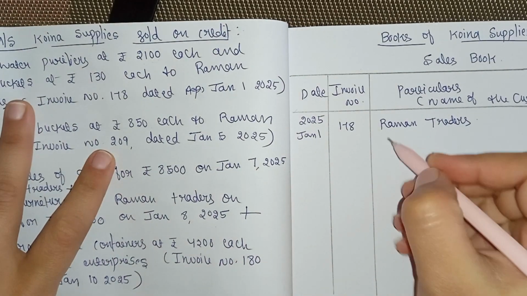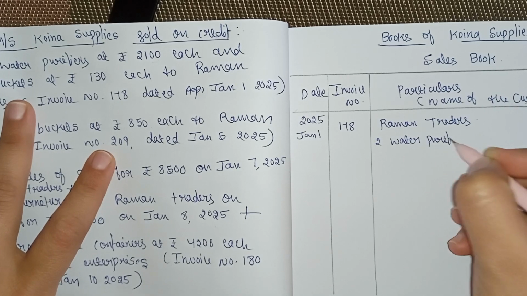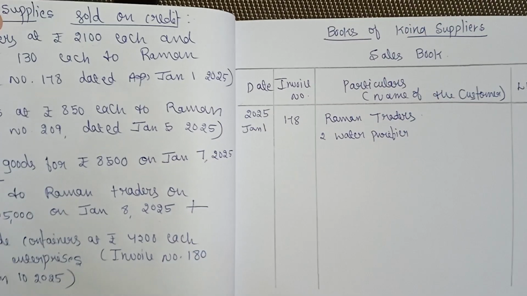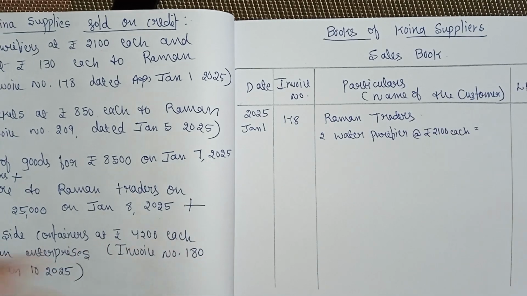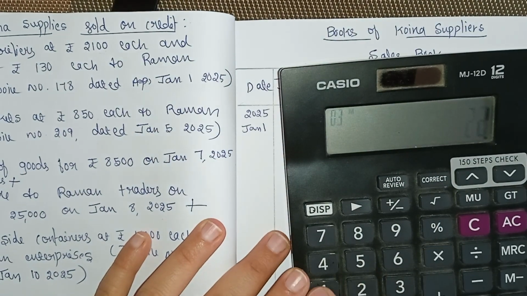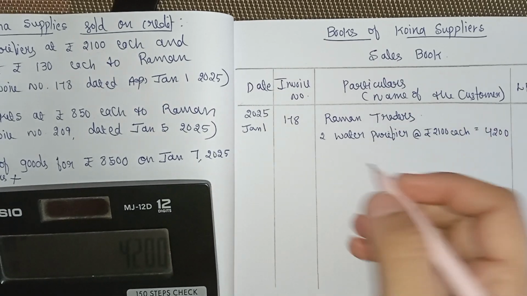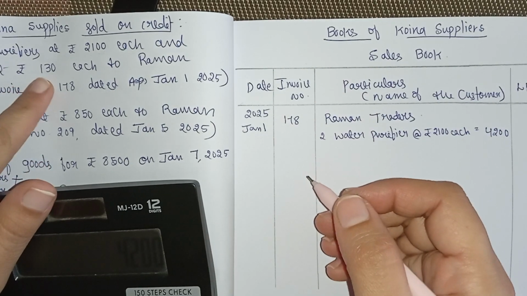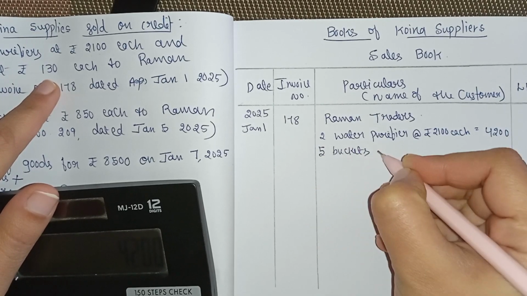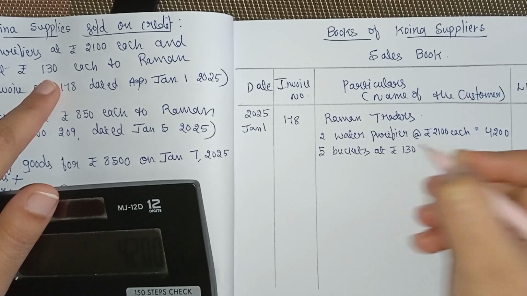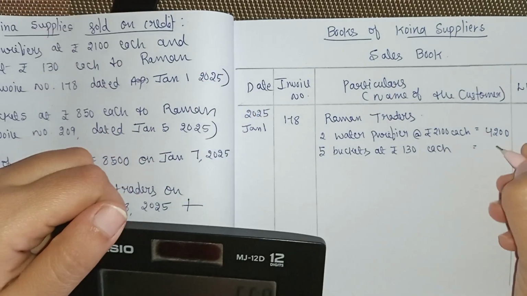Two water purifiers at rupees 2100 each, that is 2 into 2100, 4200, and 5 buckets at rupees 130 each, 5 into 130, that is rupees 650.